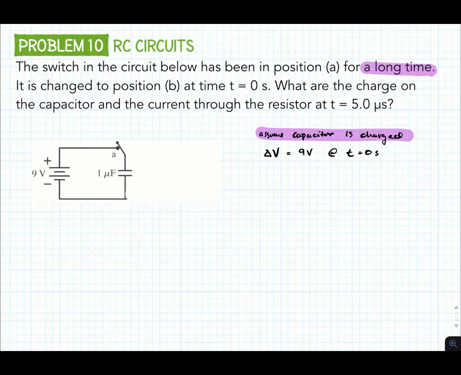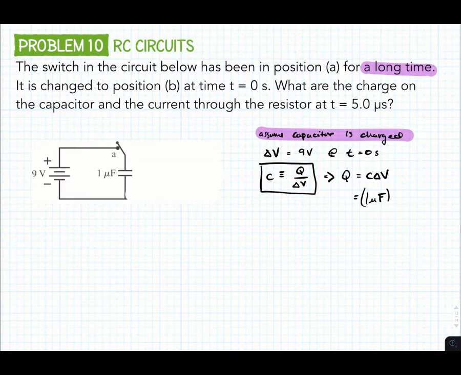If we know that, we can figure out the charge, because we know that C is equal to Q over delta V. More importantly, this is the definition of what capacitance is. So if we want to figure out Q, that's going to be C delta V. That's 1 microfarad times 9 volts.